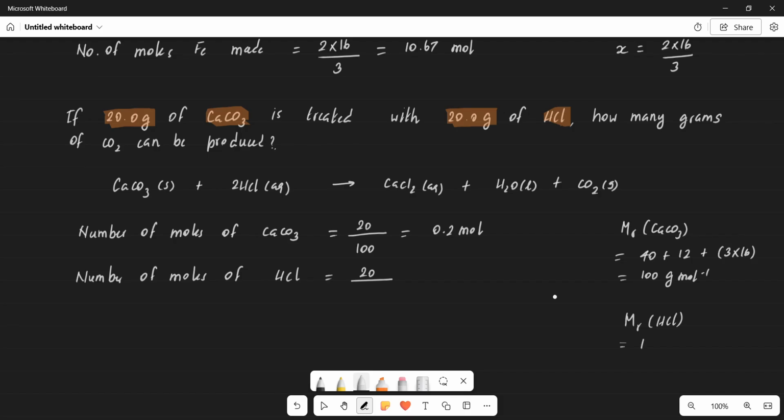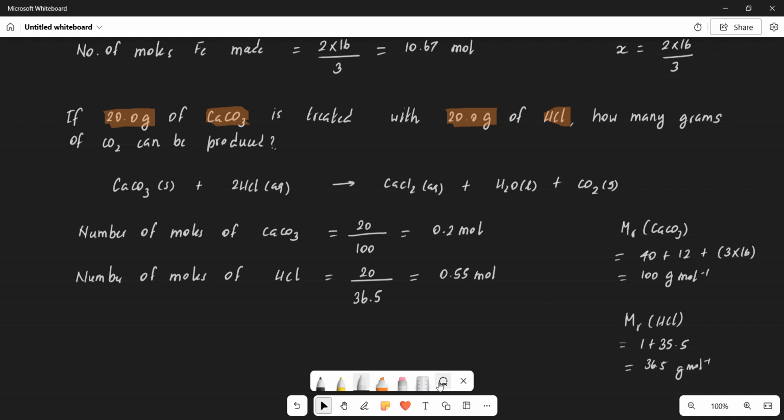The molar mass of HCl is 1 plus 35.5, which is 36.5 grams per mole. So 20 divided by 36.5, I am getting 0.55 moles.